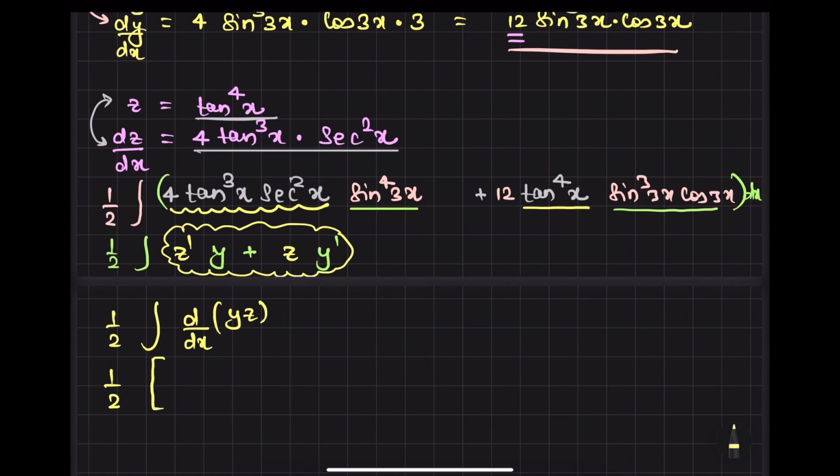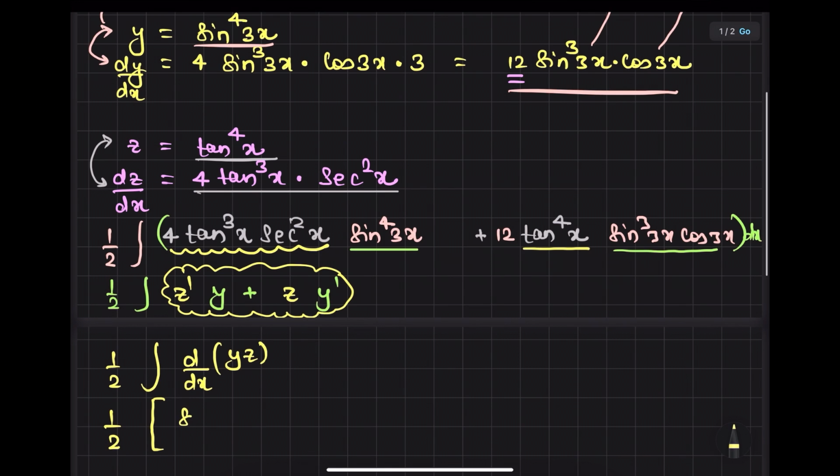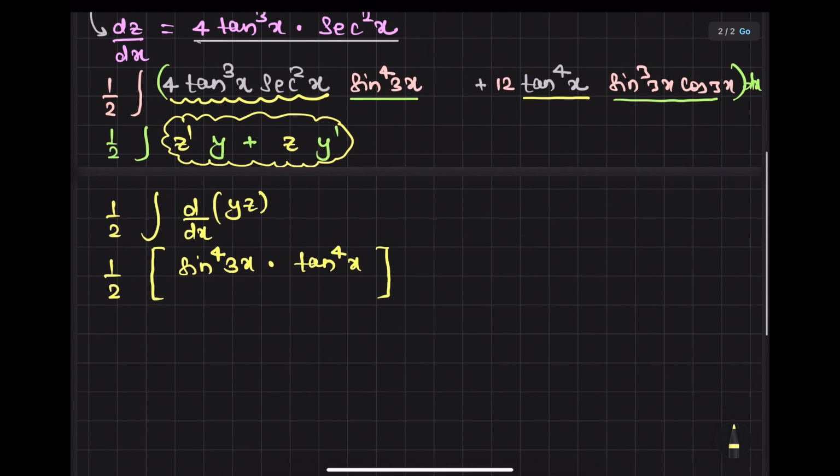I will be writing yz. So who is y? y is sine power 4 3x and z. Who is z? tan power 4x. Now let's place the limits. Limits are pi by 3 and pi by 6.